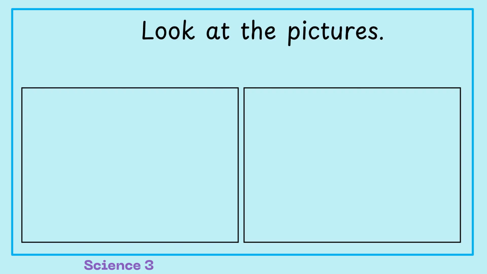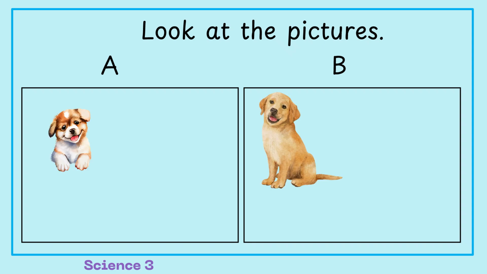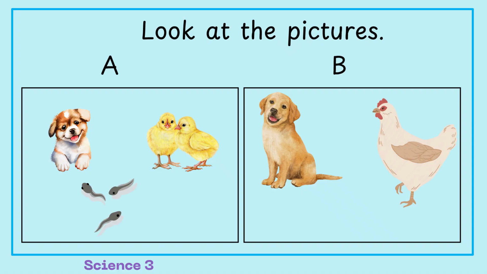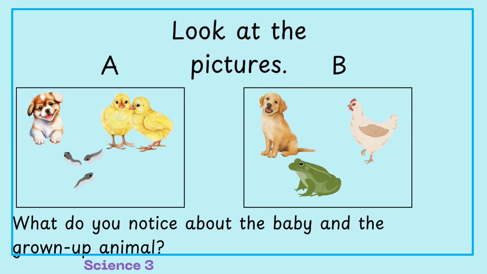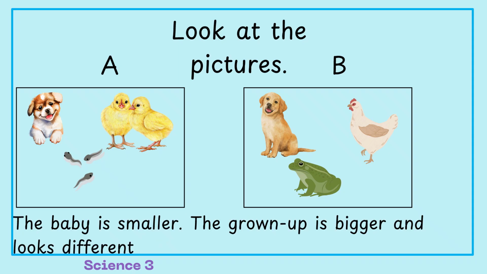Now let's proceed to these pictures. Observe pictures A and B. We have a puppy and a dog, a chick and a hen, and a tadpole and a frog. What do you notice about the baby and the grown-up animals? The baby is smaller.